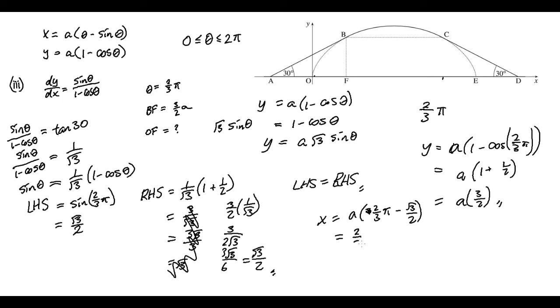So that's 2/3 a pi minus root 3/2 a. So that's the length of OF, and that is finally part 3 done.